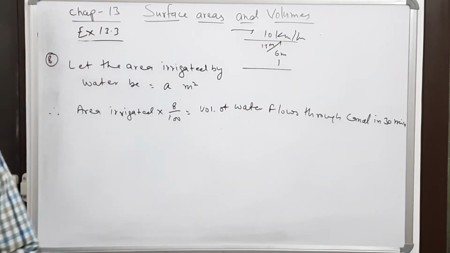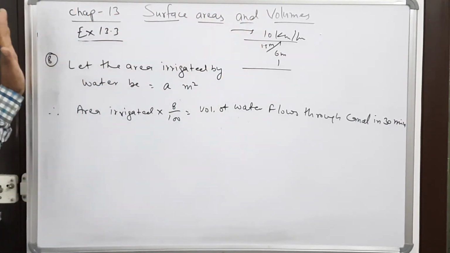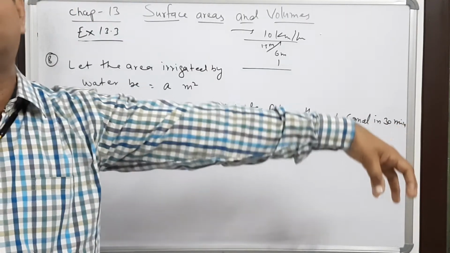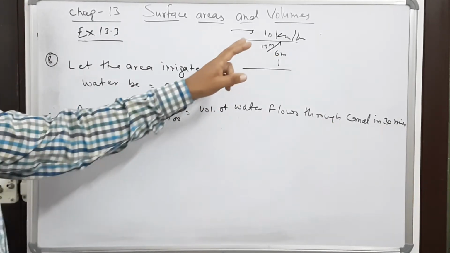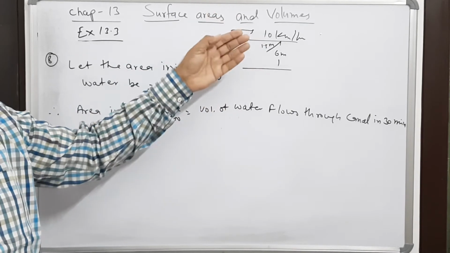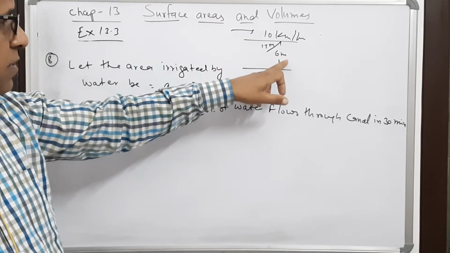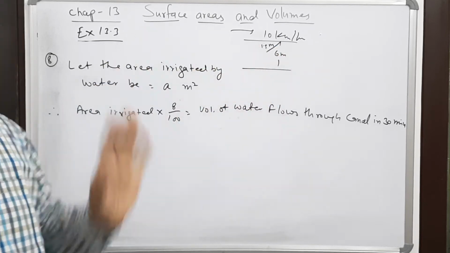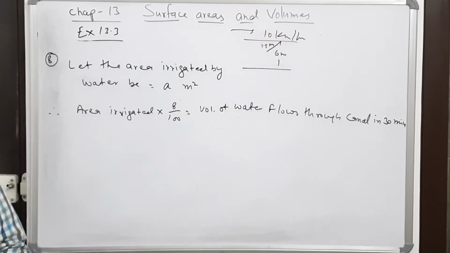Now 10 km per hour means in 1 hour's time, whatever water is available up to 10 km will come in the field. That will be poured in the field indirectly. So if the speed is 20 km, more water will come. Here the depth and the width of the canal are fixed. If you want more water, the parameter which is changing is the speed here.